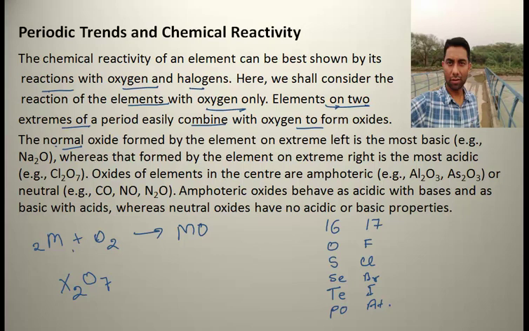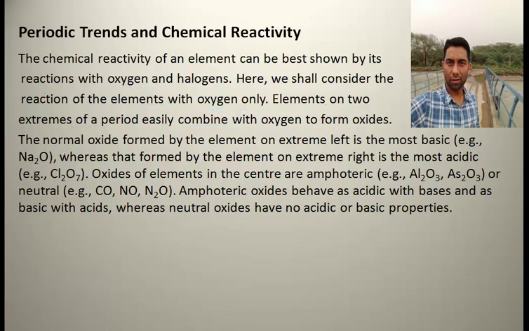Now what will be their characteristic properties? If we talk about oxides which are formed by these metals, for example, sodium plus oxygen, it will result in the formation of Na2O.